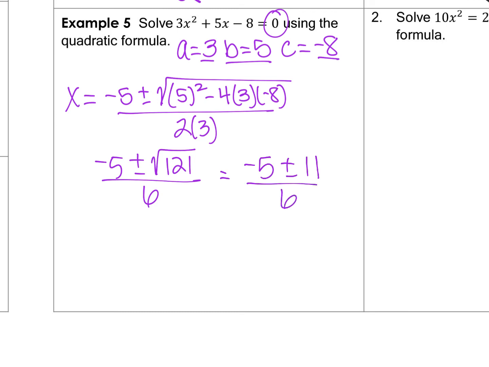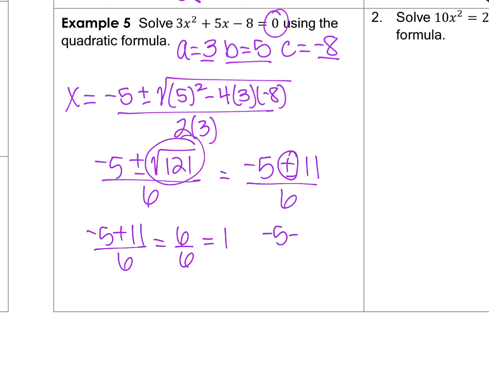Now, we don't have an i here because there was not a negative under the square root. The last one we did had a negative. So now I'm going to add and subtract these numbers. Negative 5 plus 11 divided by 6. So that's 6 over 6, which equals 1. And then negative 5 minus 11 over 6, which is negative 16 over 6.